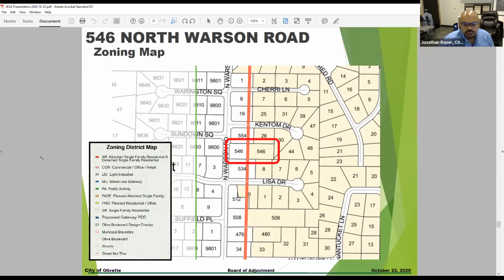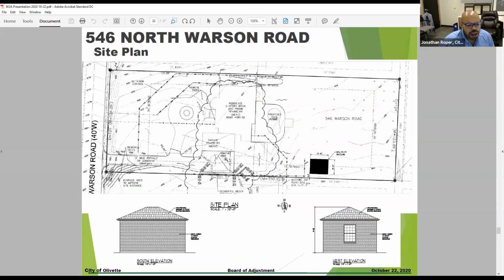Next slide, please. And this is the site plan and what was submitted by the petitioner. You can see just 2 elevations from the sides, which actually did change in your packet. I apologize.